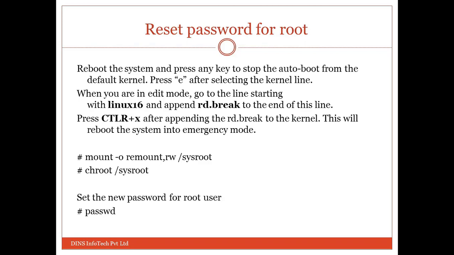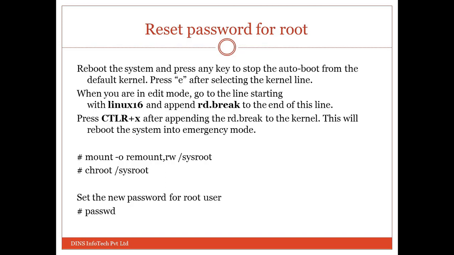So next point, we will see how to reset the password for root. This password we need to reset in case we lost or forgot the root account password. So here we are not able to log in because we have lost the password for root.